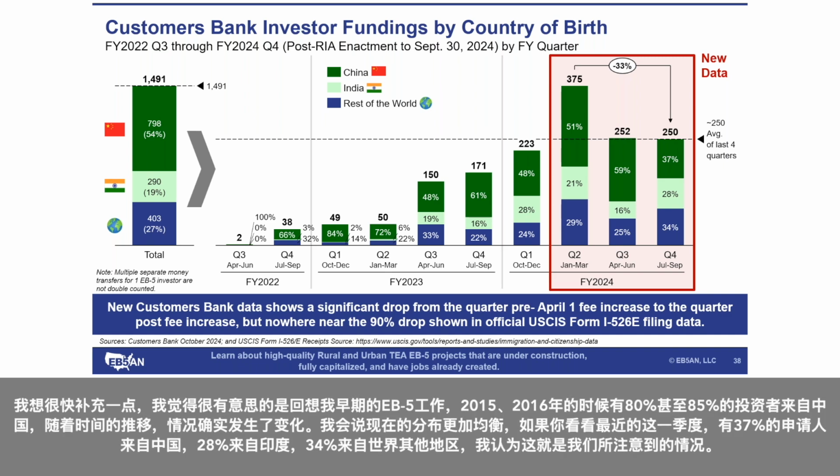Right. And if I could just make a quick point here, what I find interesting is that going back to my early days of EB-5, 2015, 2016, 85% of the investors were coming from China, and that did change over time. It's much more of an even split now, right? If you look at the most recent quarter, 37% coming from China, 28% from India, 34% the rest of the world.